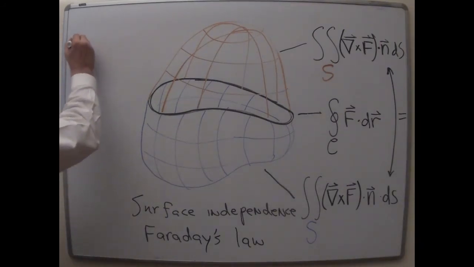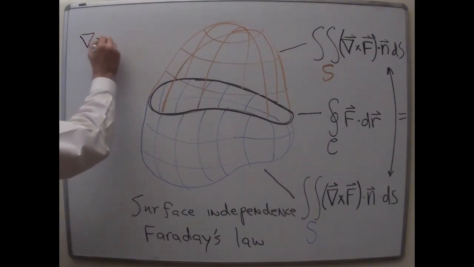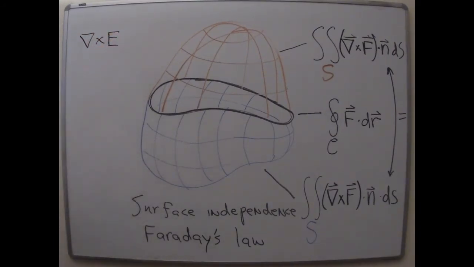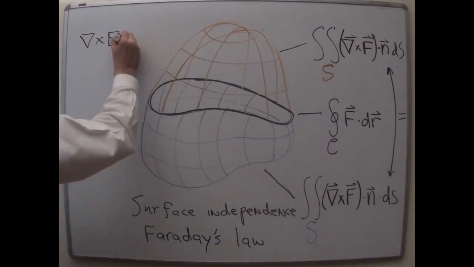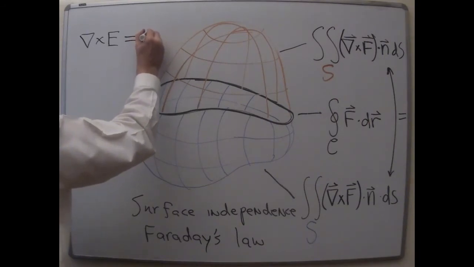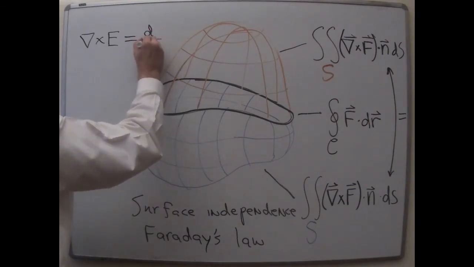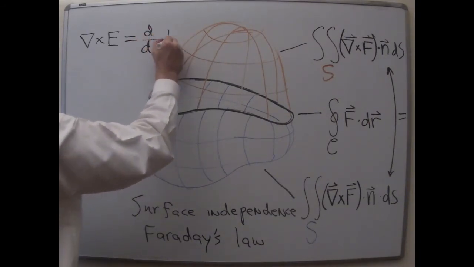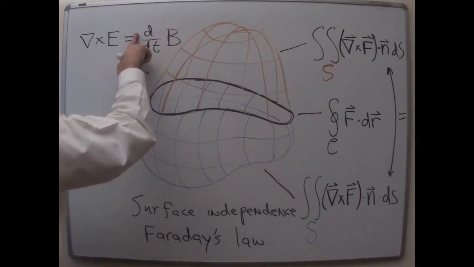One is just that the curl of an electric field, usually the curl of an electric field is 0. But if there's a time-changing magnetic field laying around, that is, oh, this is wrong, sorry.